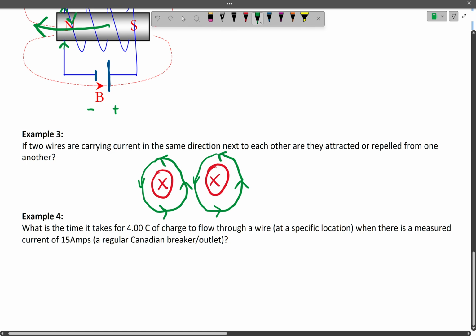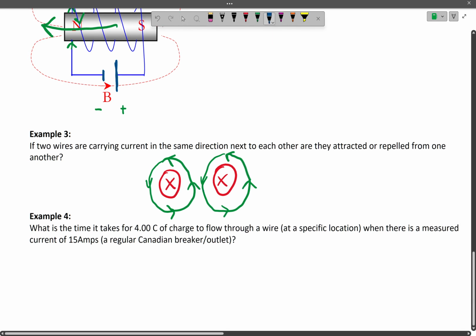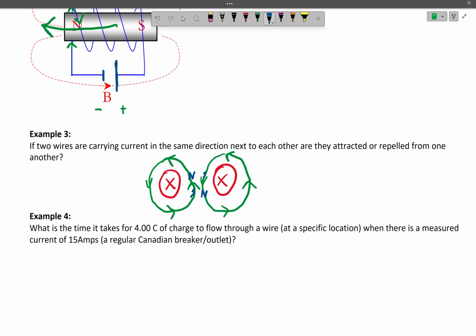Okay, now here's the thing. It's always pointing towards the north end. It's wherever the north end of the compass would be. So this is north, this is south, and you can see that this other side is the opposite. It's pointing towards the south end, but there is no south end.